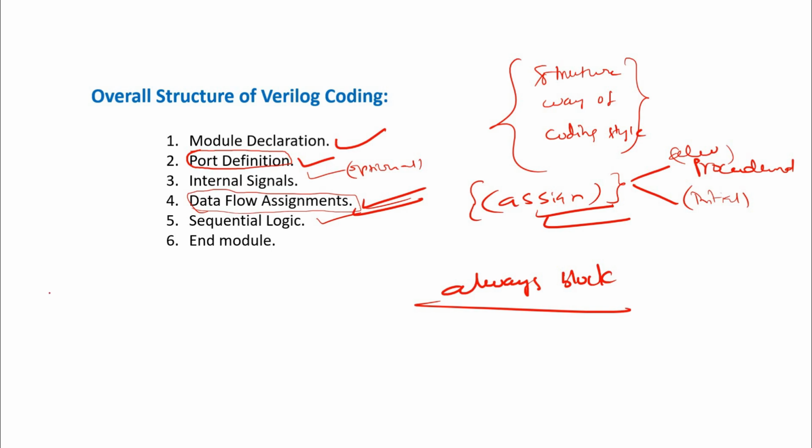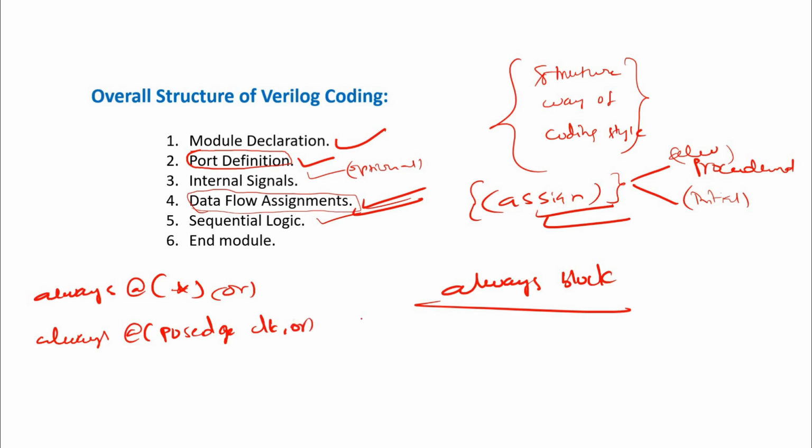Always block syntax: always @(*), or always @(posedge clock) or negedge clock. This is used for combinational circuits and this is used for sequential circuits. We will discuss all these things in upcoming videos.